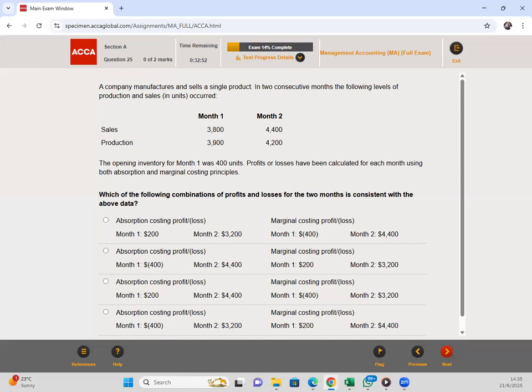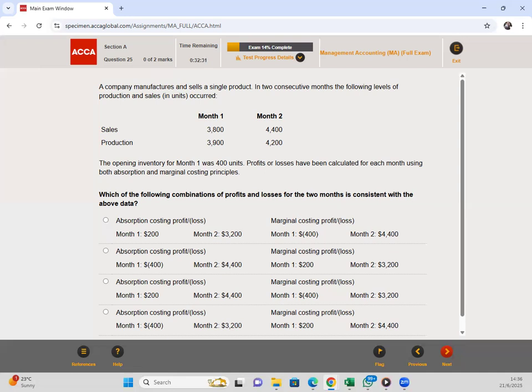So I think that's where the problem is actually starting. Determining the closing stock, you say you started with 400 units, right? Even in the basic logic, you started with 400 units. And you produced how many units? 390.